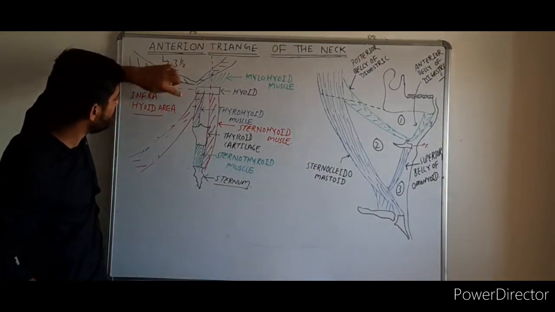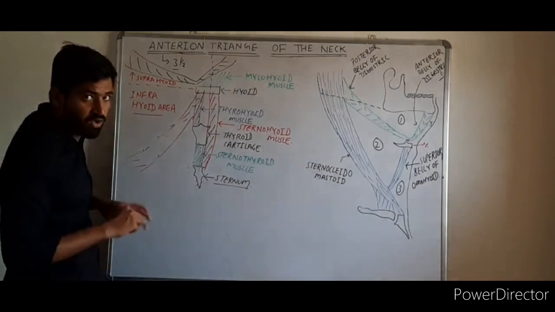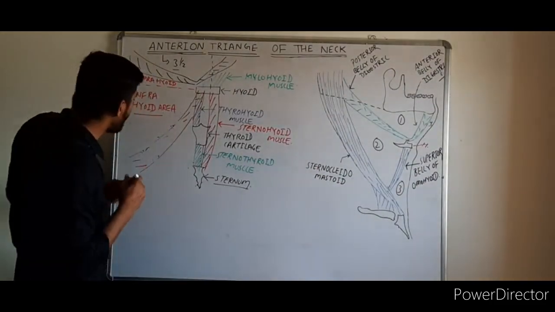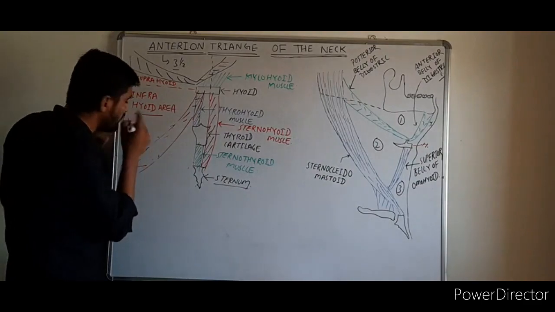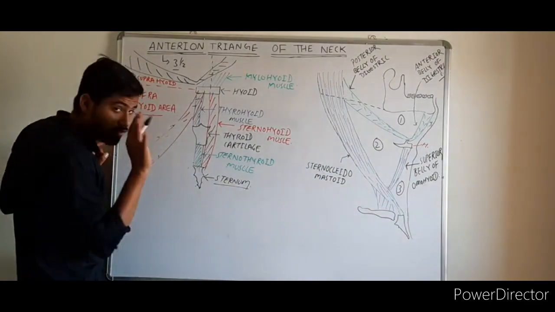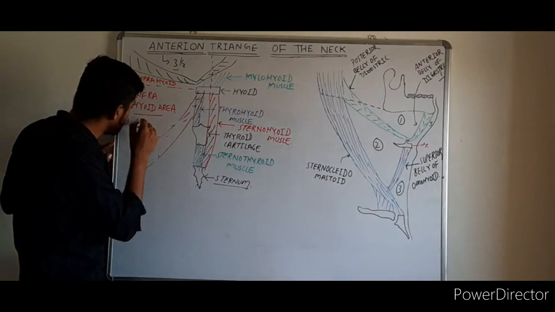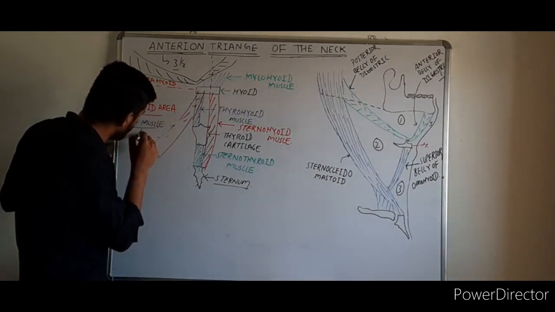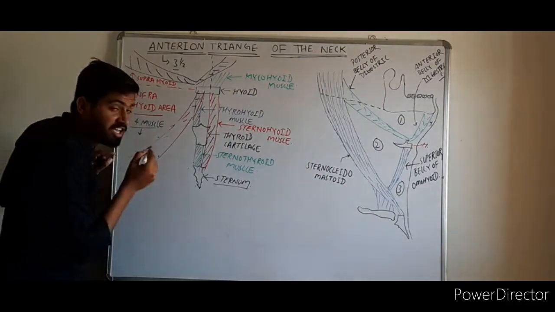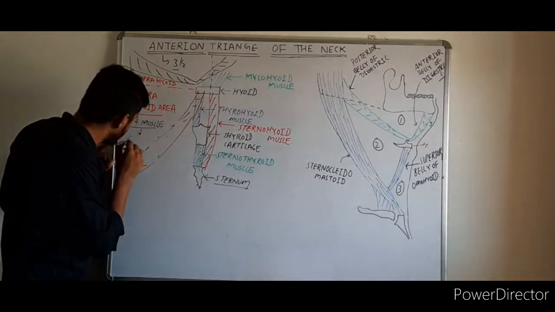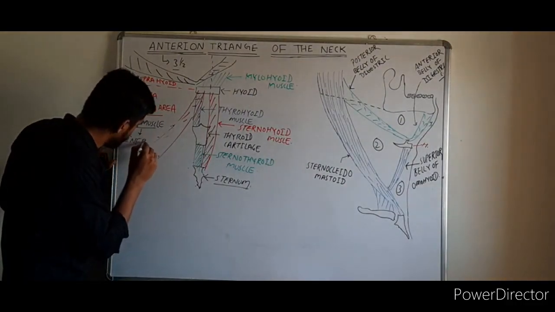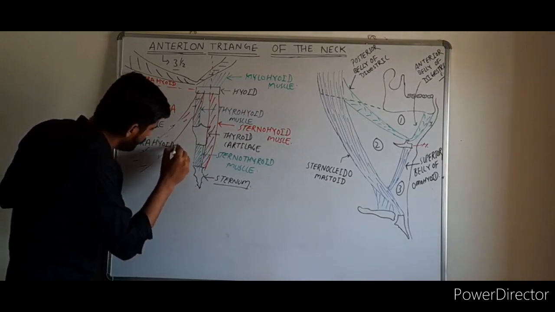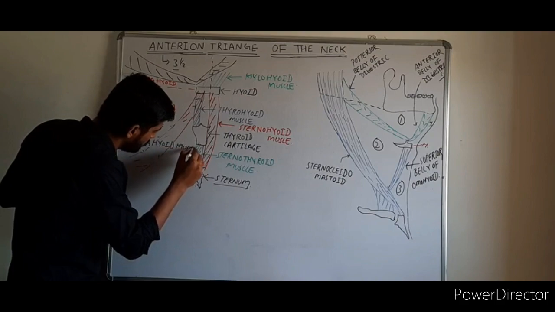Hyoid, suprahyoid and infrahyoid. In the infrahyoid area, four muscles are present, and that is called the infrahyoid muscles.